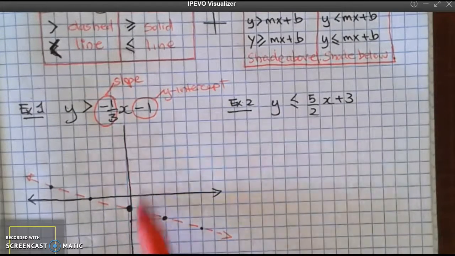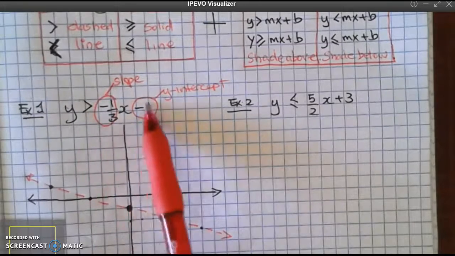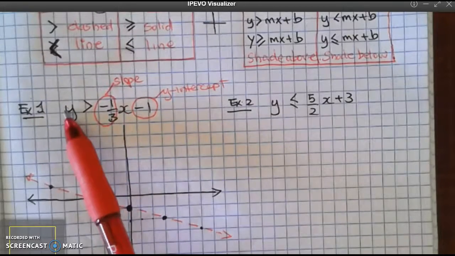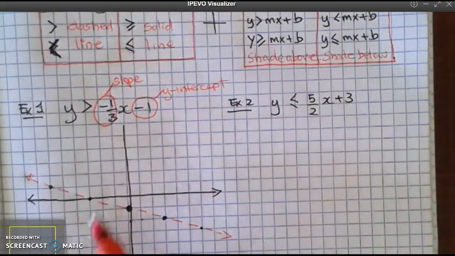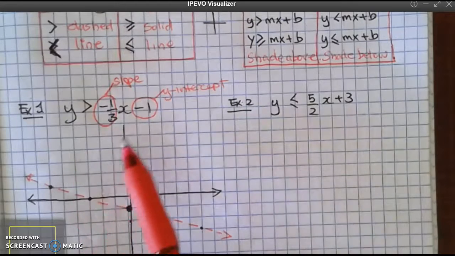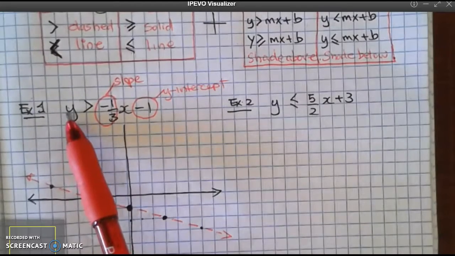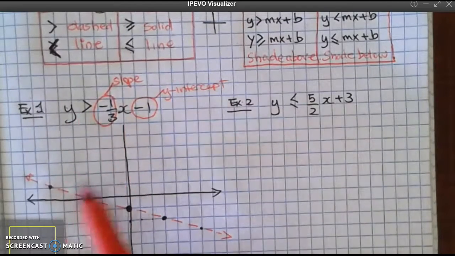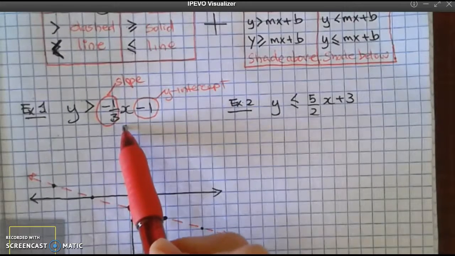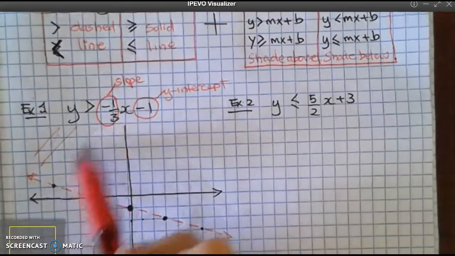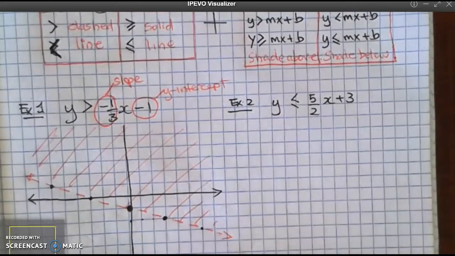The vertical values are bigger than the line. Where is the y value bigger than the line? Is it going to be above or below? Because it says y is bigger or greater, the bigger numbers for y are more positive, so it's going to be up that direction.